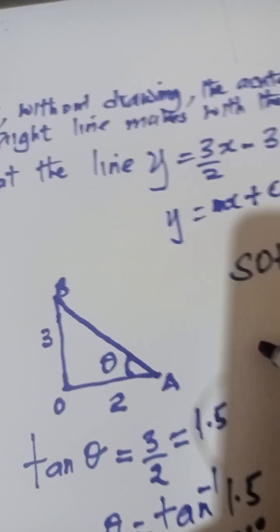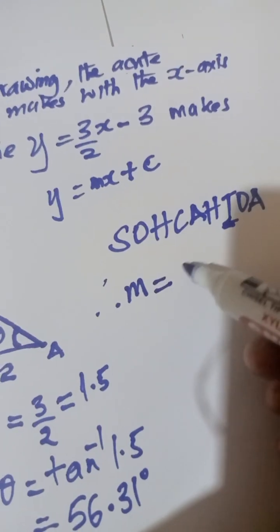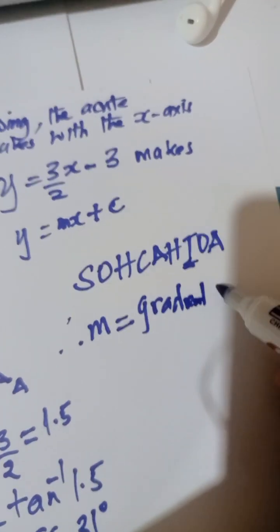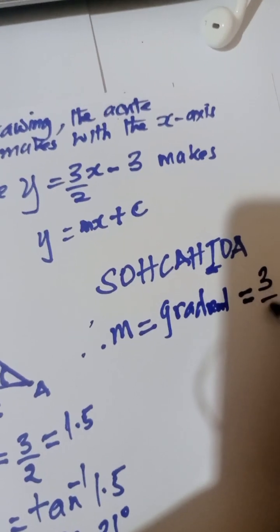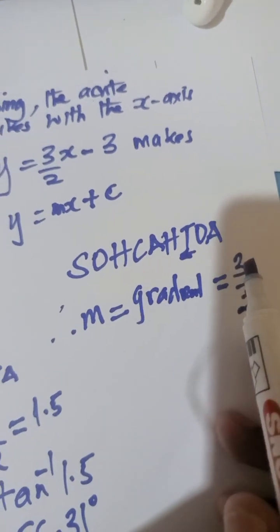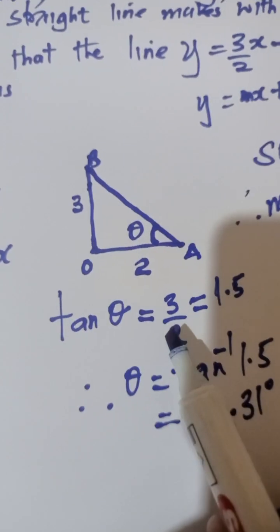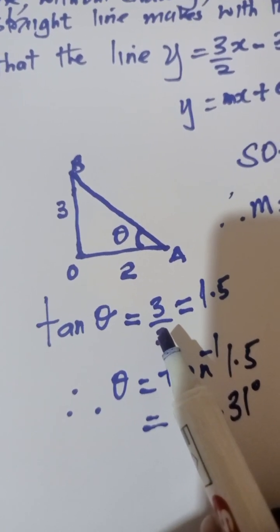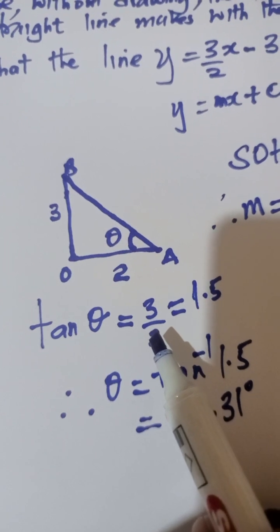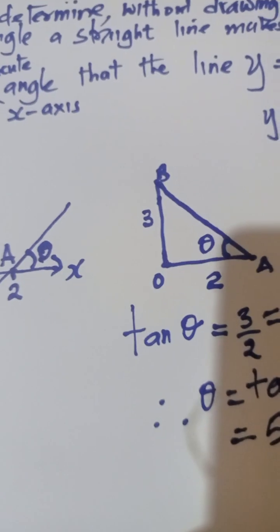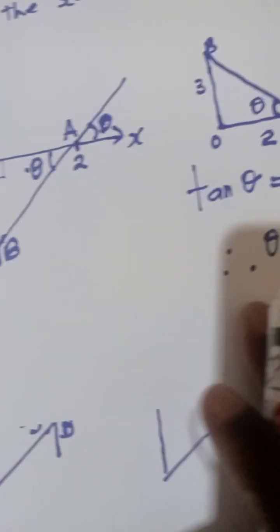That in this case, our m, which is the gradient of this line, is equal to 3/2. And it is this same 3/2 that we are using to find the angle. We have seen here that 3/2 is actually the tangent of that acute angle that we are looking for.